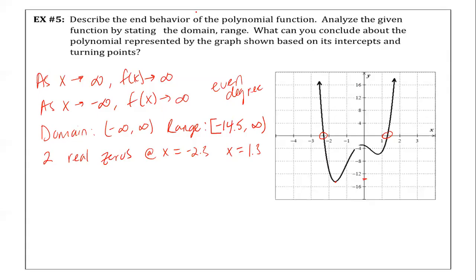All right. So now we're there. We've estimated. So from there, we have 2 real. Now, looking at our turning points is going to help us determine, are there any non-reals? Okay. So looking at my turning points, how many turning points do I have? 3. I have a TP here, a TP here, and a TP here.